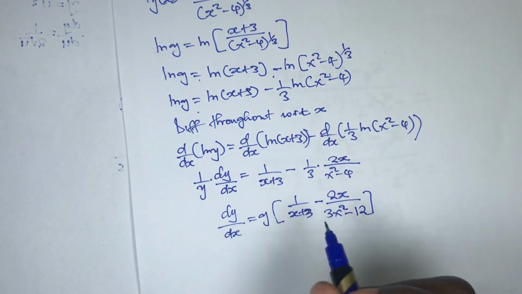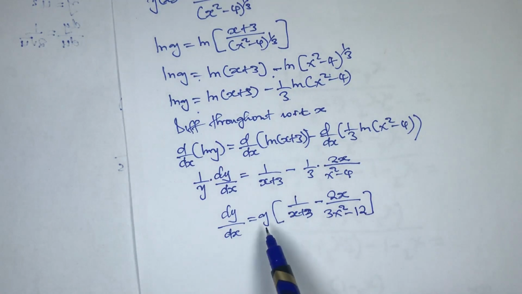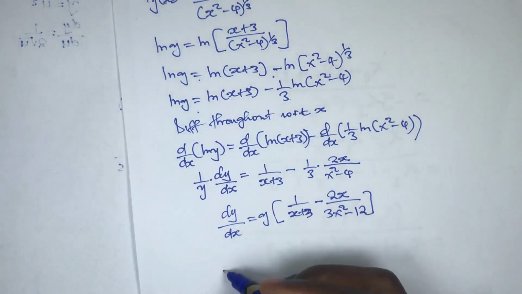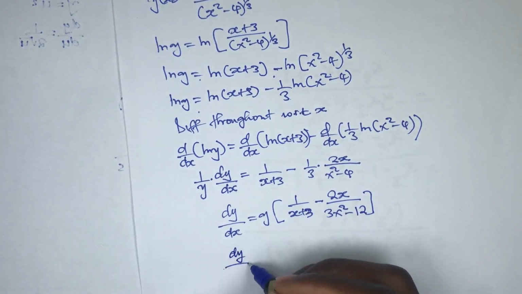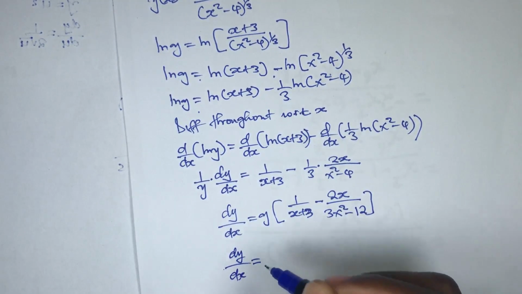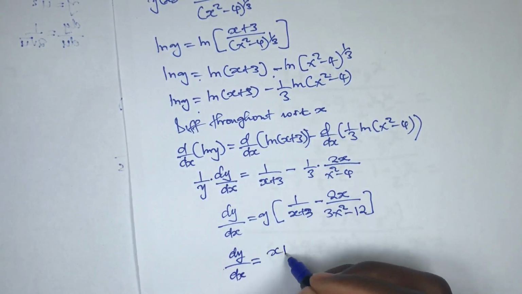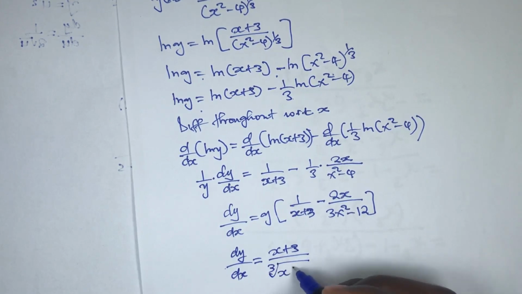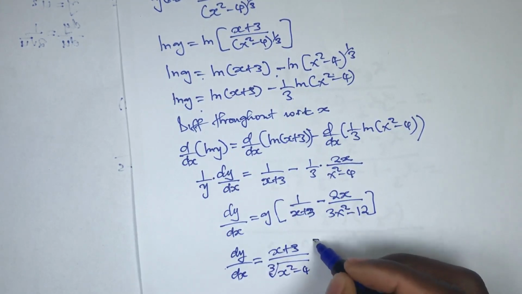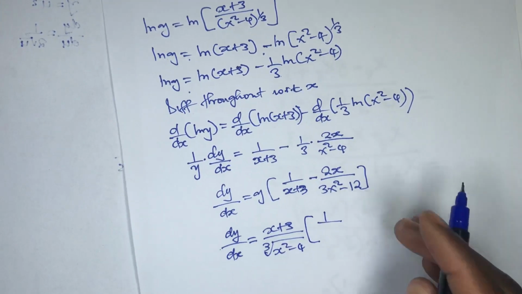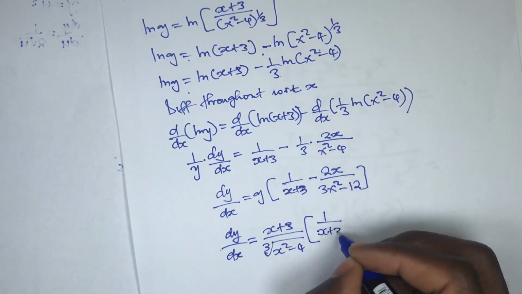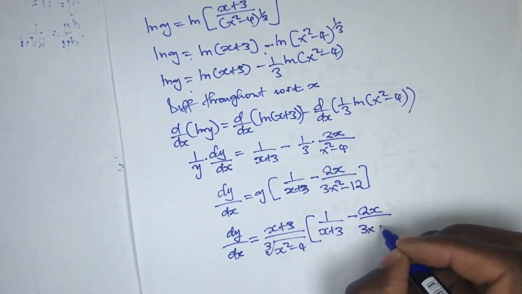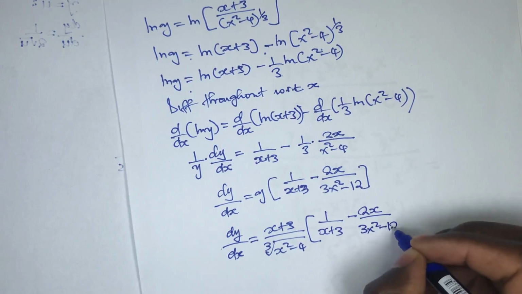Okay, so now, while there's y, we're just going to make a substitution, or rather a replacement, with the original function. So then we have dy dx is equal to the function of y, (x plus 3) divided by the cube root of (x squared minus 4), open brackets, 1 over (x plus 3) minus 2x divided by (3x squared minus 12), like this.